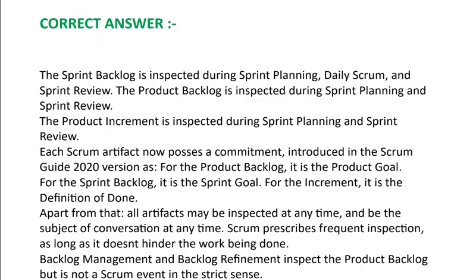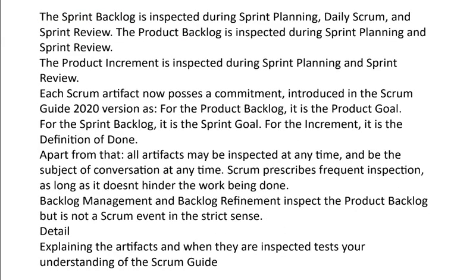Each Scrum artifact now poses a commitment introduced in the Scrum Guide 2020 version as for the product backlog, it is the product goal. For the sprint backlog, it is the sprint goal. For the increment, it is the definition of done.